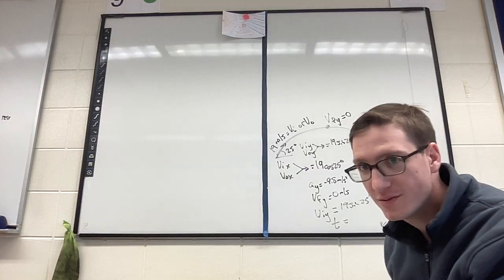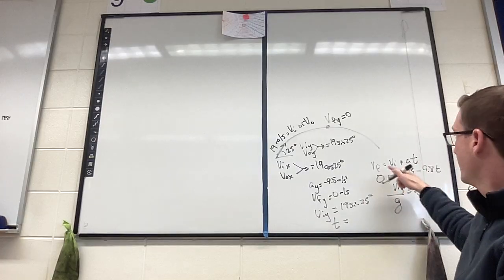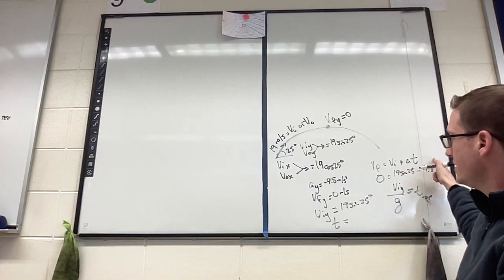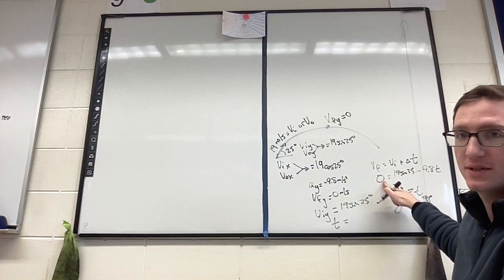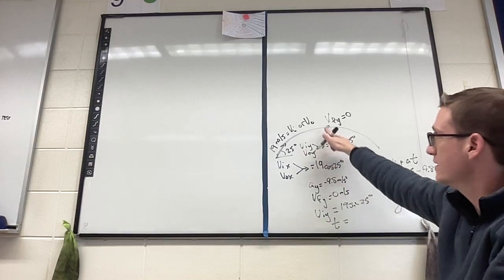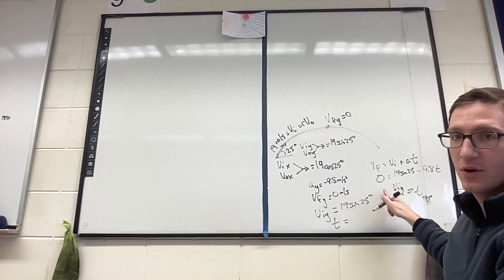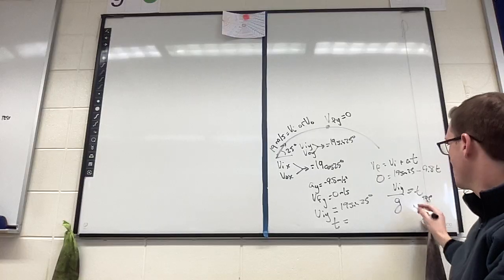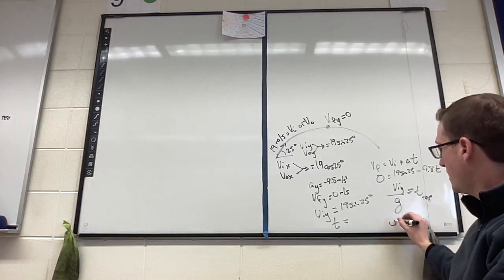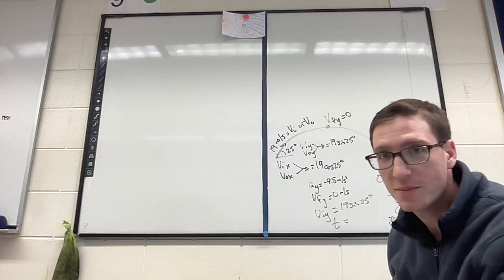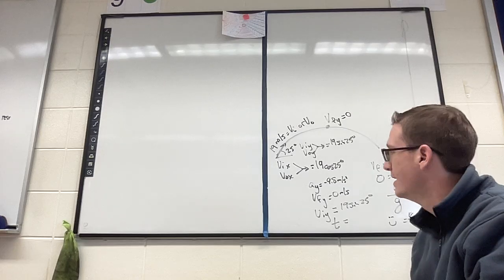It's not a new equation. That's just rearranging VF equals VI plus AT in the special circumstance where VF, aka the top, is 0. Okay, so we could do that and we would get our time for the top. I don't have my calculator on me, so I'm just going to write smiley face.